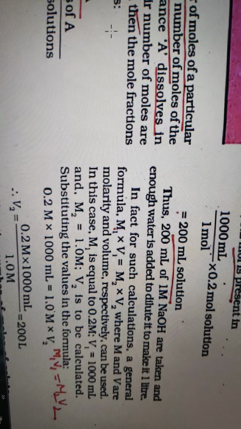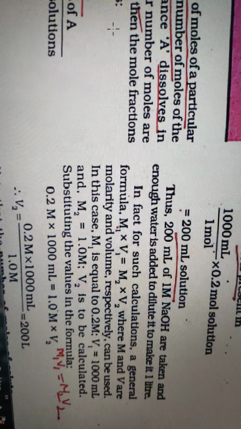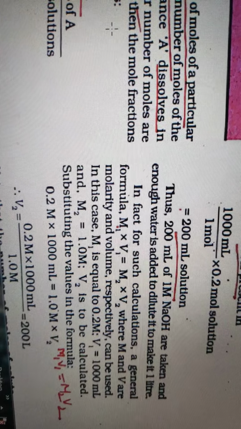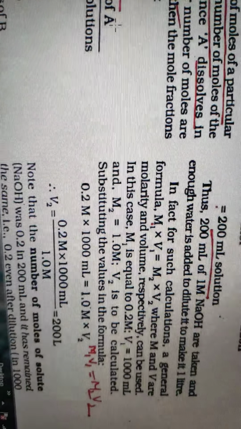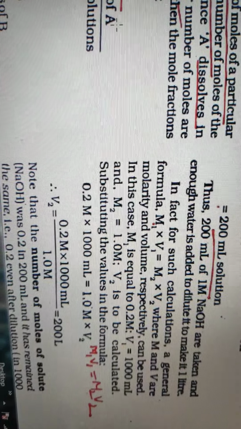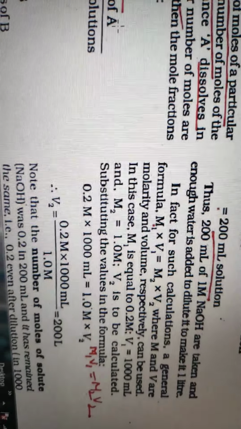So put in the formula M1V1 equals M2V2. You can easily calculate V2 if 3 quantities are known. Again 200 is the answer, and by this you can calculate the volume.